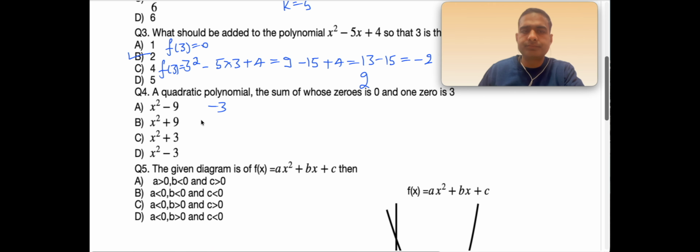Now we know if the roots are known, then we can write the polynomial as x square minus sum of roots times x plus product of roots.